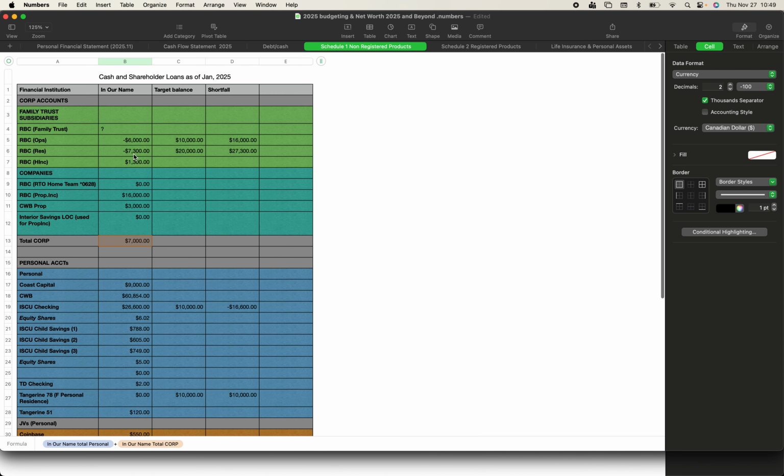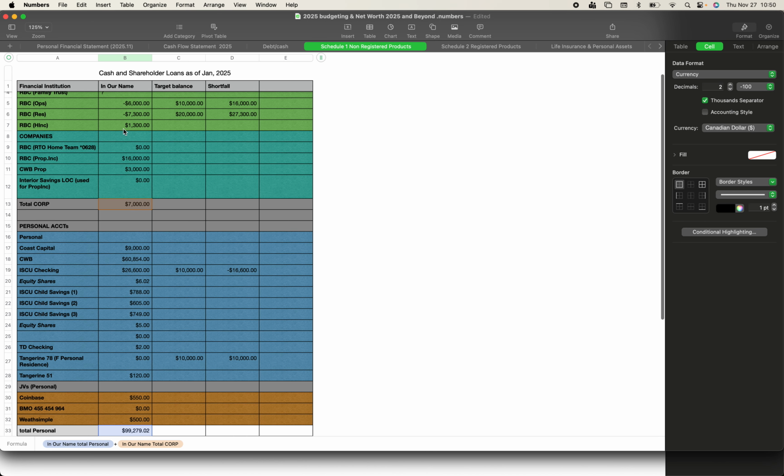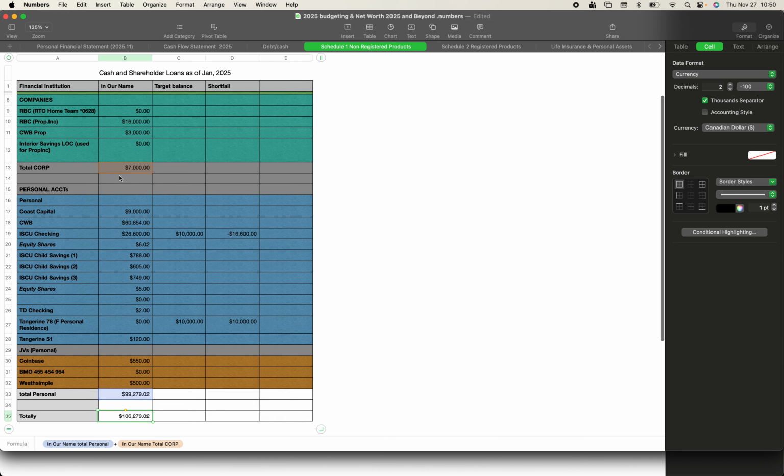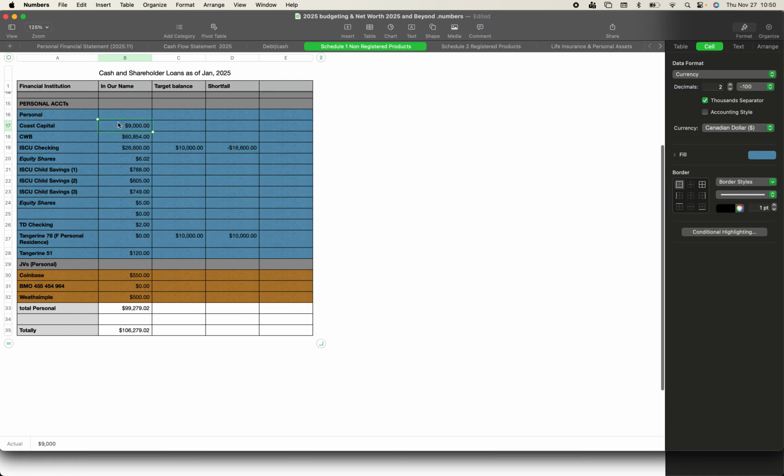We've got some corporate accounts listed here, and some more corporate funds. If you don't have a corporation, just leave all that zero. And then personal accounts, how much money you have in various personal accounts. There's children's savings accounts. You pretty much want to list everything you have. If you've got Bitcoin or whatever, you can put it all there.